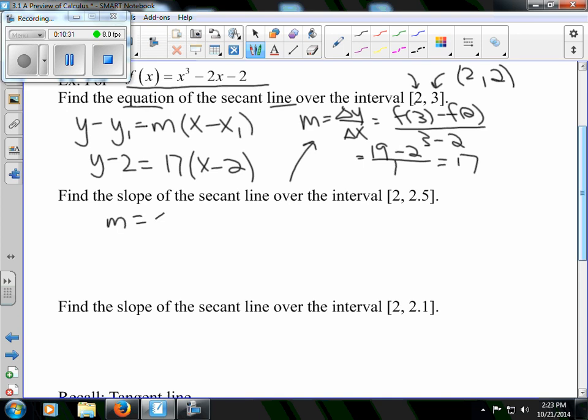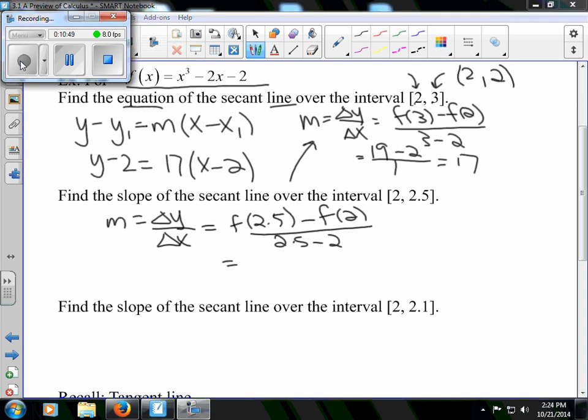So now, when I find my slope, which is still change in y over change in x, f of 2.5 minus f of 2 over 2.5 minus 2. And I have the same function up there, so I need to determine what f of 2.5 is. Okay, so f of 2.5 is 5.65.